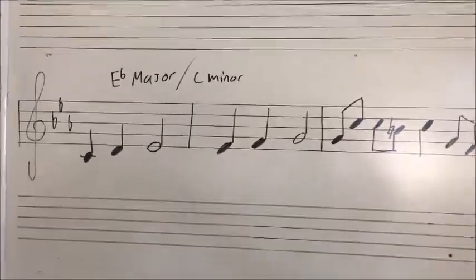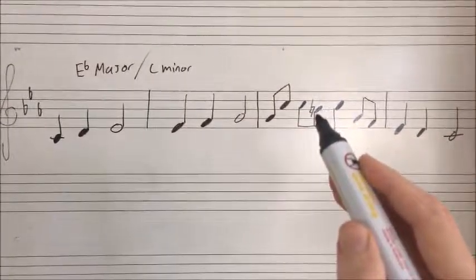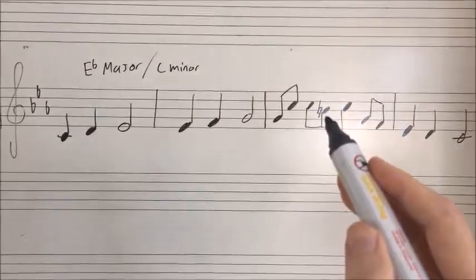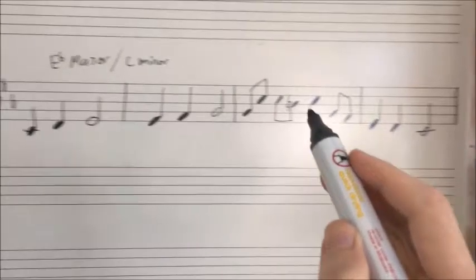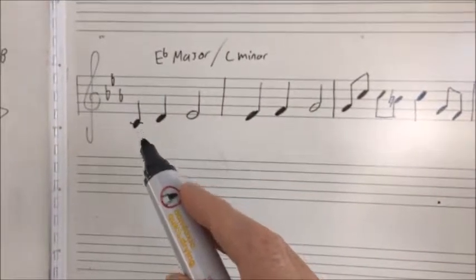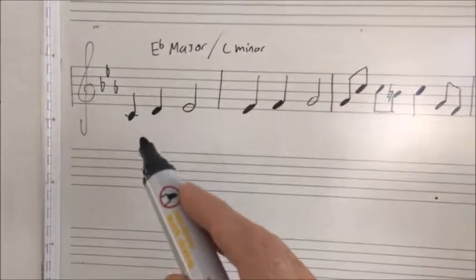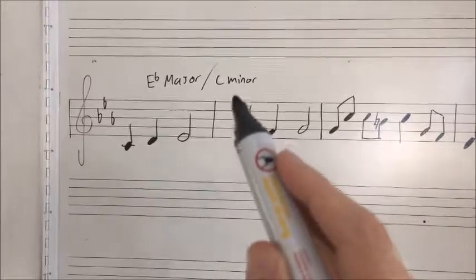We can do some further investigation though, because it looks like we have another accidental here. So let's assume that it's C minor because it's finishing on the C and starting on the C. And we're also having this minor third interval created in this 1 bar here. So C minor is looking really likely.